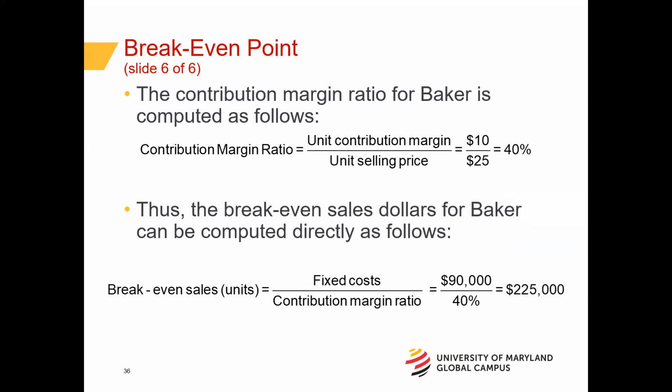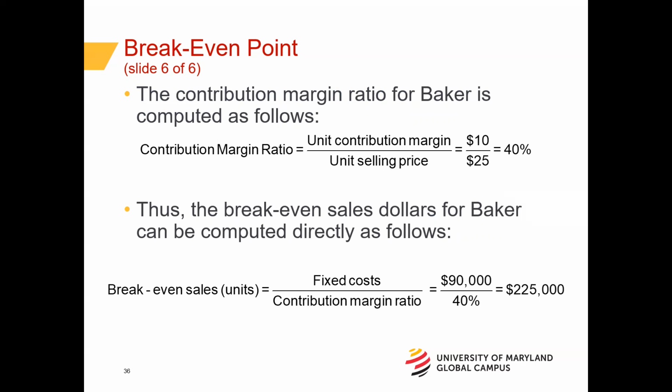Now, to find the break even in sales dollars, we take the fixed cost divided by the contribution margin ratio. Our fixed costs were $90,000 divided by our contribution margin ratio of 40%. 90,000 divided by 40% equals 225,000.